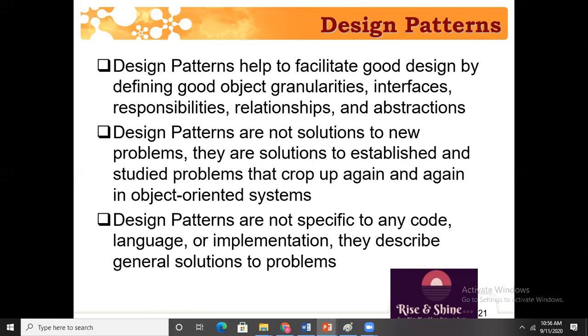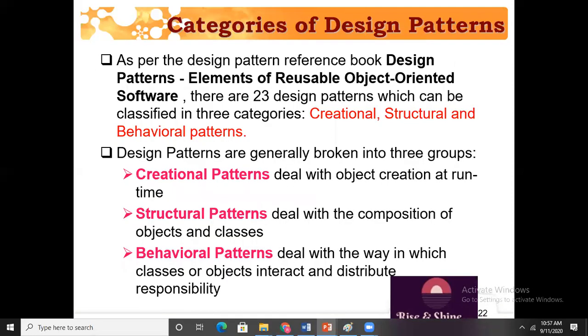If that problem is occurring again, obviously it occurred previously and a solution is already available. So whenever a problem occurs again, we can use that already proven, testable solution. So this is a design pattern. Hope you understand what design pattern means up to this slide.